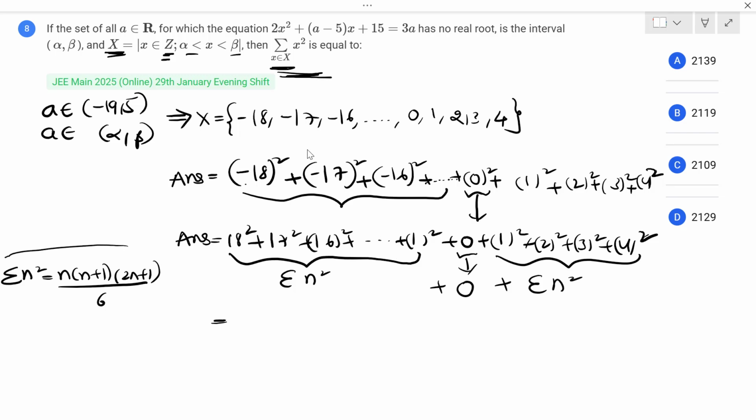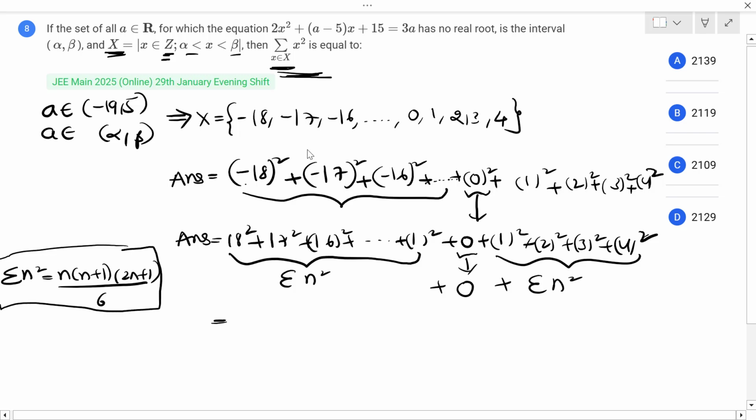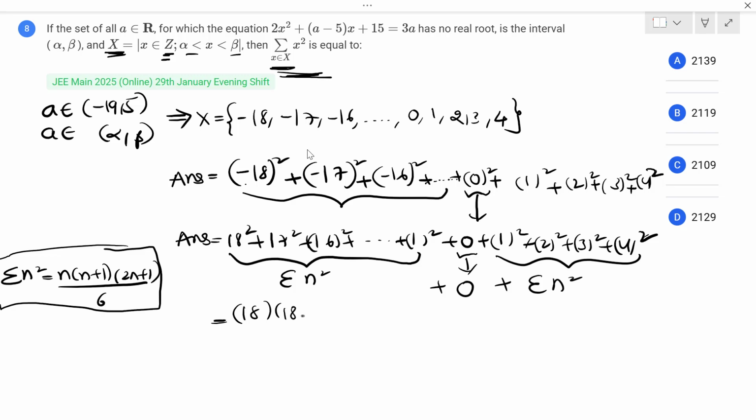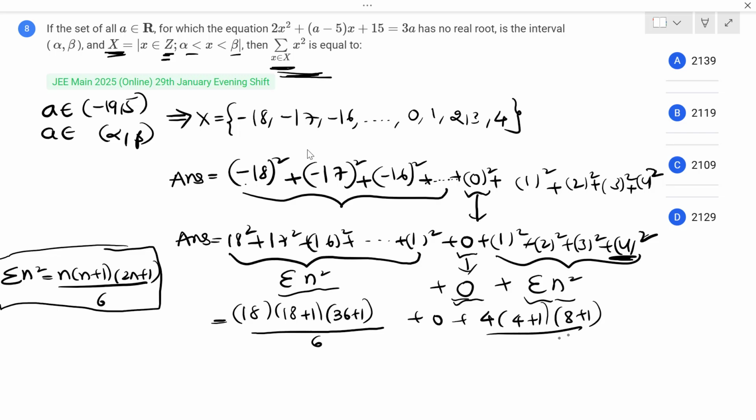So in the formula, substitute n is equal to 18, so that would be 18 into 18 plus 1 into 2 into 18, that is 36 plus 1 by 6. Next it is 0, this is over, so this is 0 plus this term is the sum of the squares of the first 4 natural numbers. So in the formula, substitute n is equal to 4. 4 into 4 plus 1 into 2 into 4, so 8 plus 1 divided by 6.